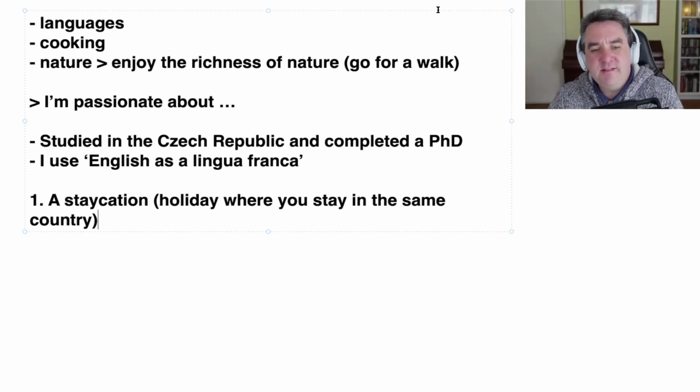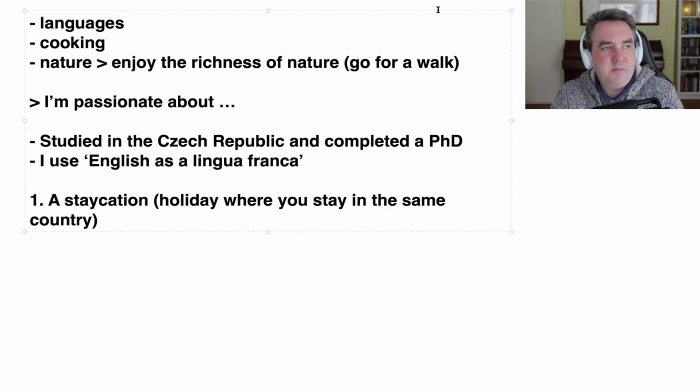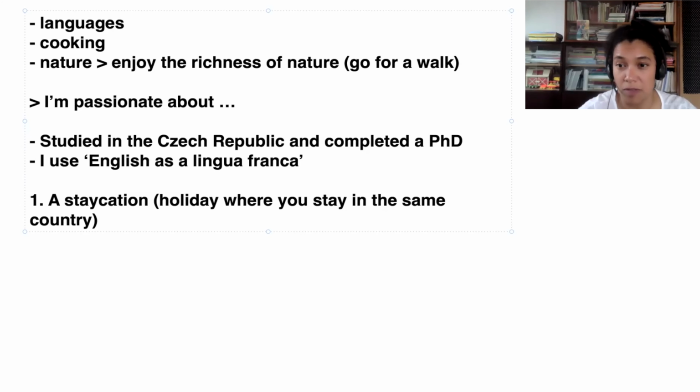So this is a lot more popular now in the UK where people travel from their hometown to another area in the UK to have a holiday or a staycation with their families. So over the past year, I've managed to travel more locally and visit places I've never been to, which is quite nice. Yeah, that's happened with a lot of people now with the pandemic.